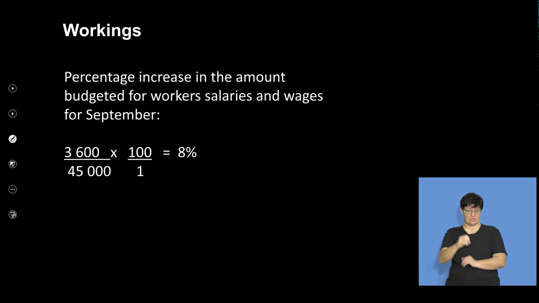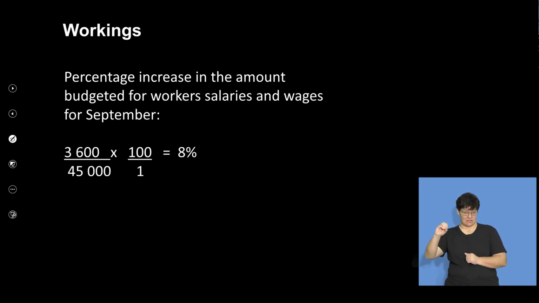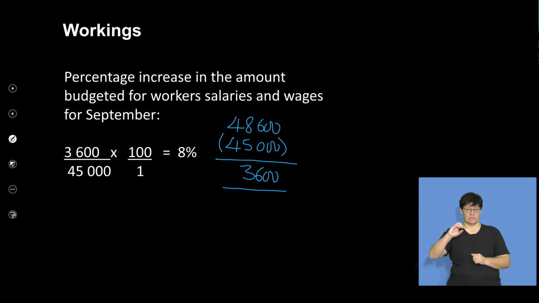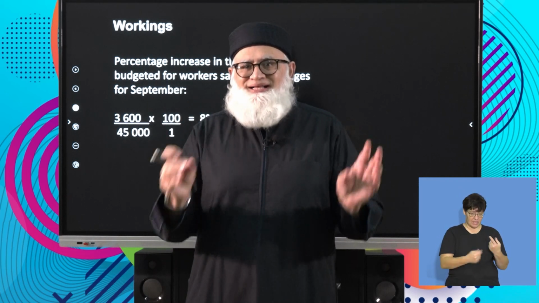So you take your 48,600 minus your 45,000, and clearly the difference will be 3,600. So, step number 1, calculate the difference between the 2 months.